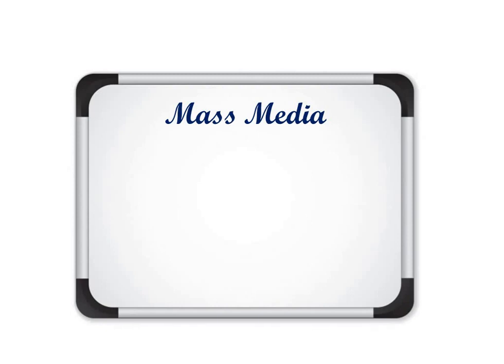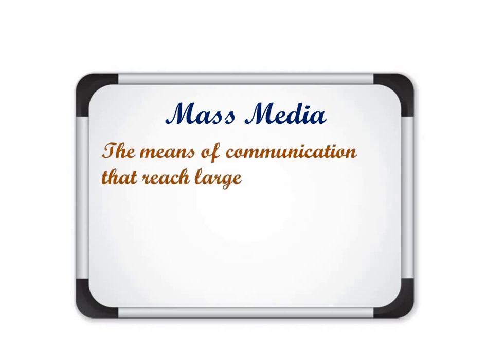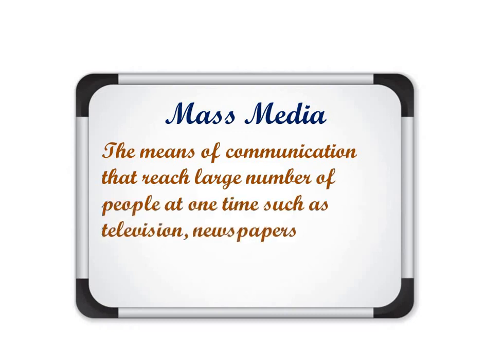So what is this mass media? Just see, the means of communication that reach a large number of people at one time, such as television, newspaper, magazine, radio. So they are the means of mass media.